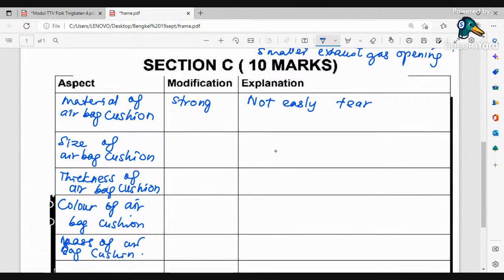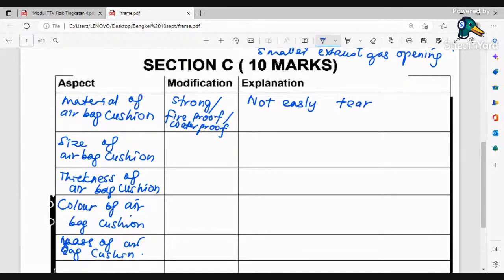Not easily tear atau torn. Okay. Ataupun okay, you nak letak apa? Fireproof pun boleh. Or waterproof pun boleh. Okay, jadi reason you mesti betul lah.